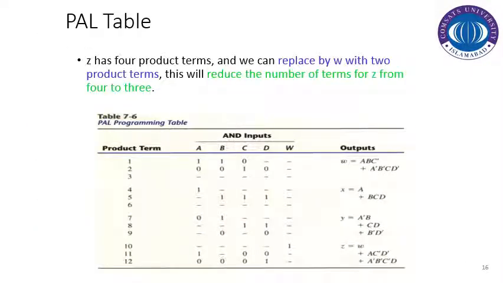Now let us see the function table here, and we can see the outputs of W, X, Y, and Z, and these are the product terms that implement those functions. Since we have the fixed structure of AND gates, this is the first structure, then the second, third, and fourth structure.